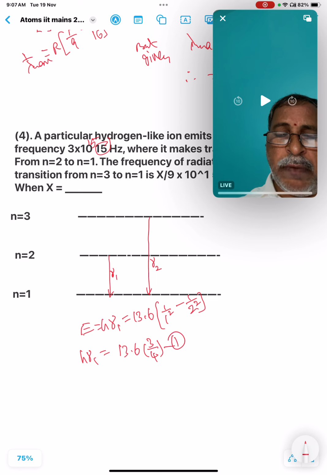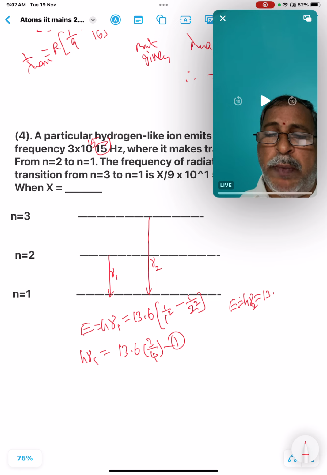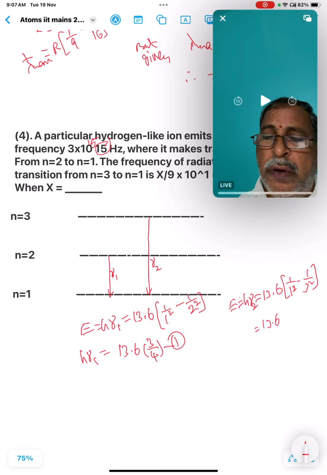Whereas E equal to h nu 2 is equal to 13.6 into 1 by 1 square minus 1 by 3 square, for the transition from third to first. So it is equal to 13.6 into 8 by 9.